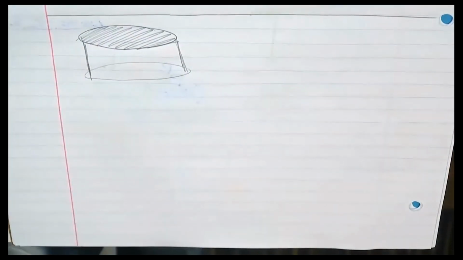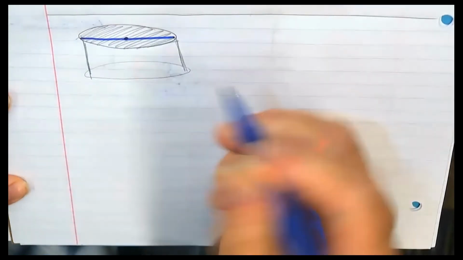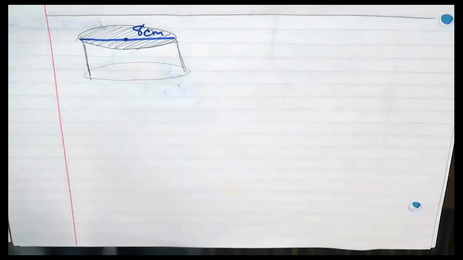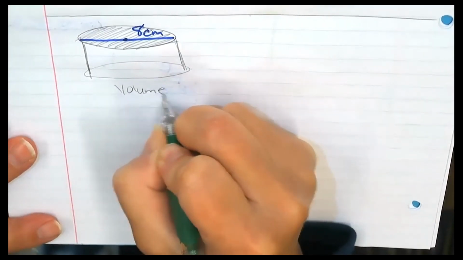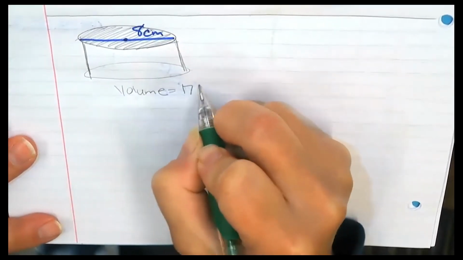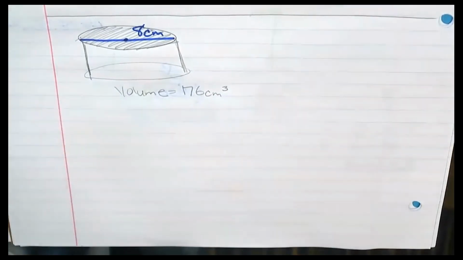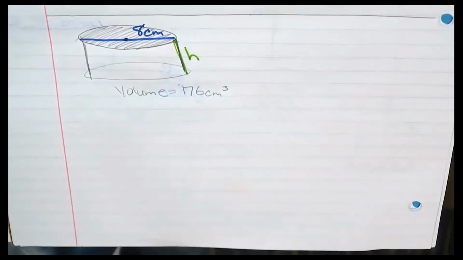And they're going to tell me that the diameter is 8 centimeters. And they're going to tell me that the volume is equal to 176 centimeters cubed. And we need to figure out the height.